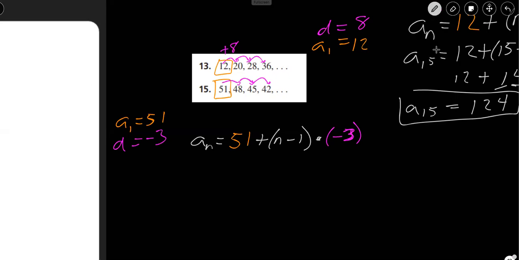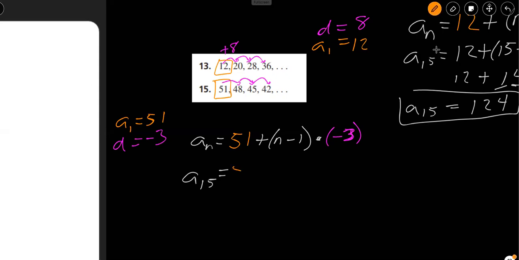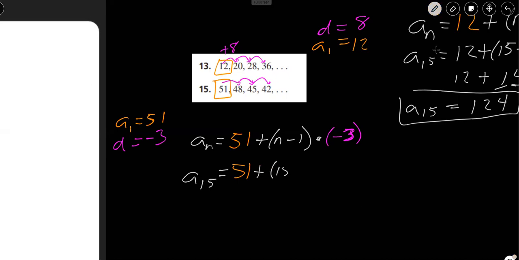Now if I want to figure out A15, again, it's really quick. A15 is just 51 plus 15 minus 1 times -3. Oh, I kind of turned off my color coding midway through there.